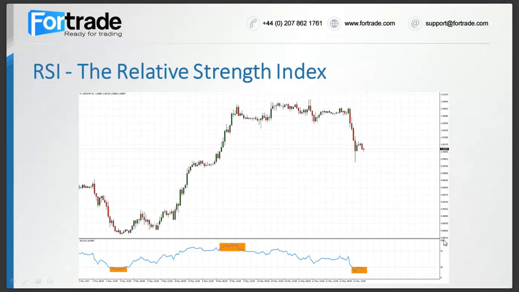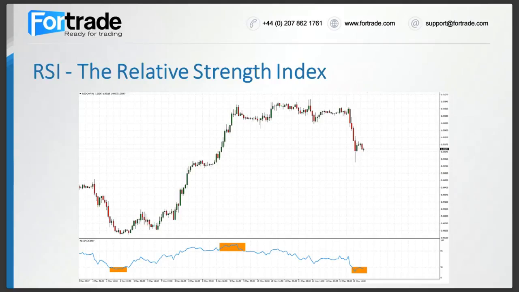An instrument is deemed to be overbought once the RSI is approaching 70. Sorry, this is the 70 level, meaning that it may be getting overvalued and is a good candidate for pullback or reversal.